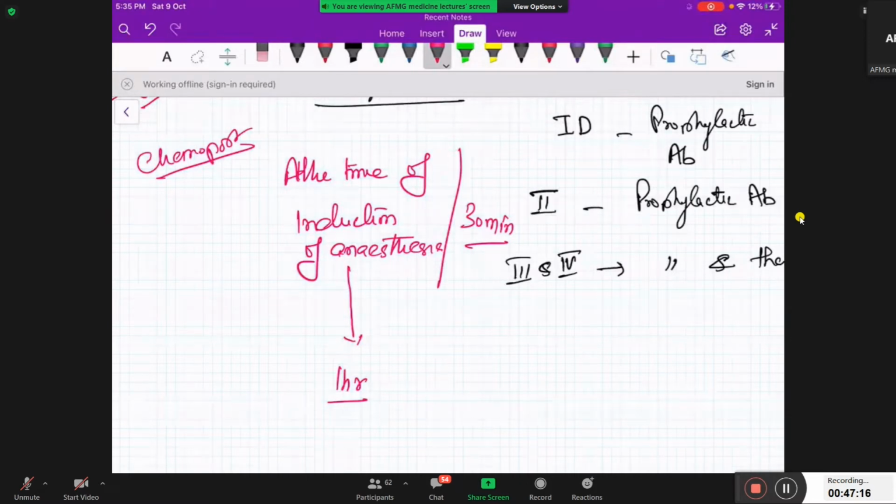And every time when the chemotherapy is to be given, that chemotherapy is inserted in that chemo port. Rather than every time puncturing the vein, there is in the subcutaneous plane a chamber which is going into the great vessel, and you insert a cannula in that chamber. That is called chemo port.